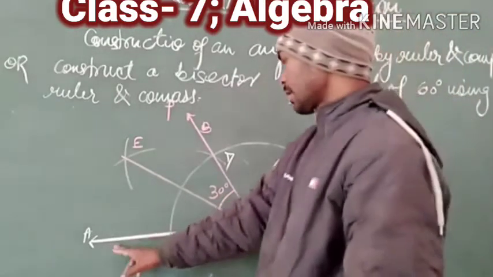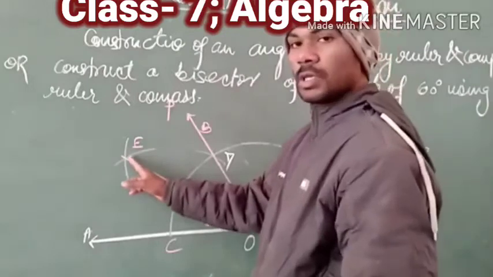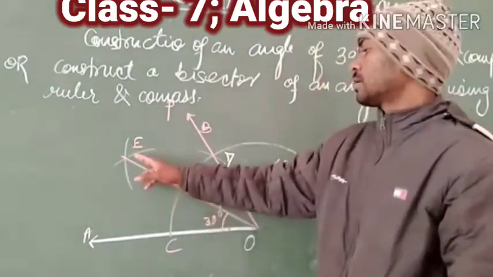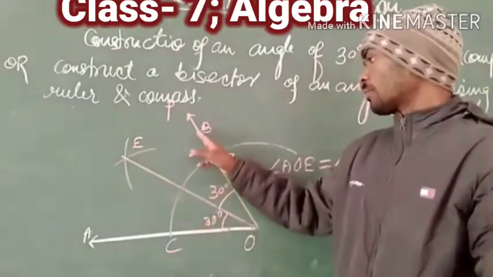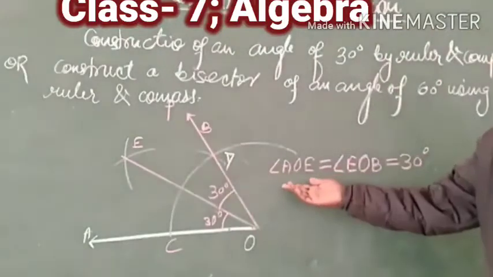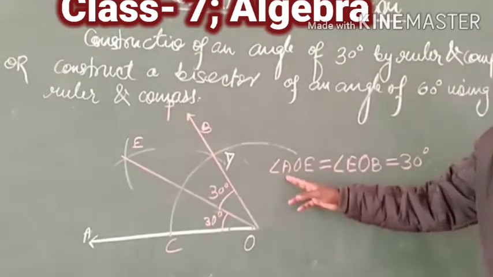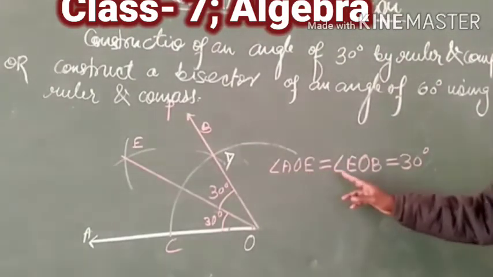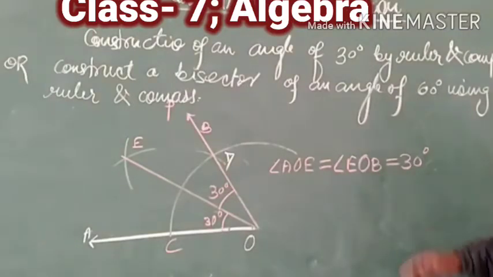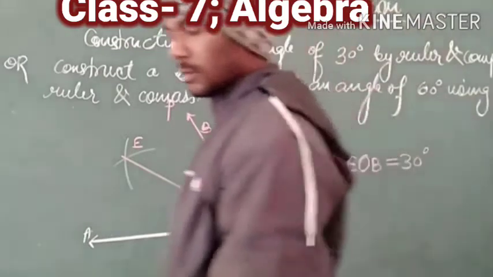Angle AOE is equal to 30 degrees and angle EOB is equal to 30 degrees. So we can write angle AOE equal to angle EOB is equal to 30 degrees.